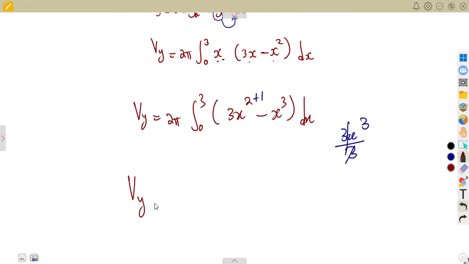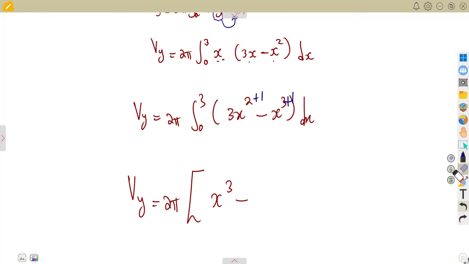So Vy in this case is going to be given as 2 pi into x cubed. You can see this cancelled, minus, this is just a single term, just add 1 there. So that will be x to the exponent of 4, over 4. And the limits from 0 to 3.